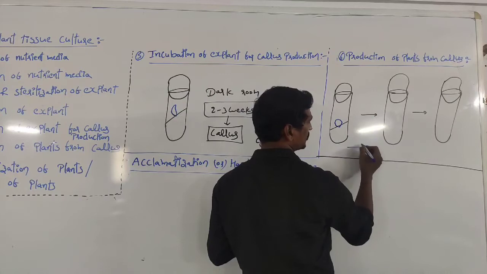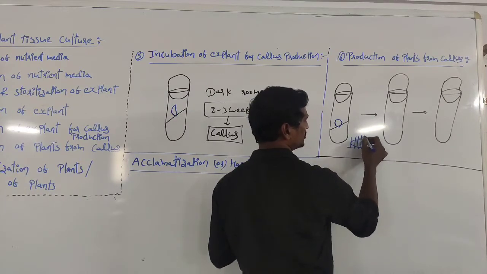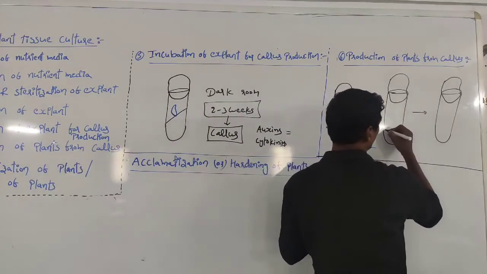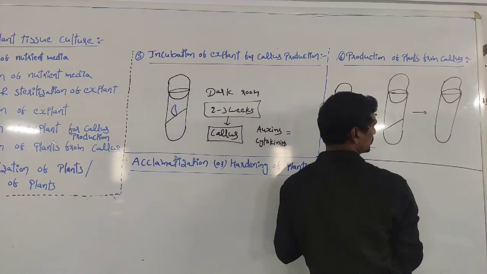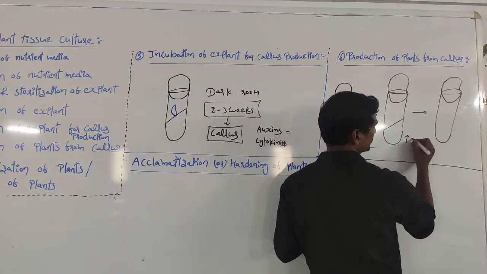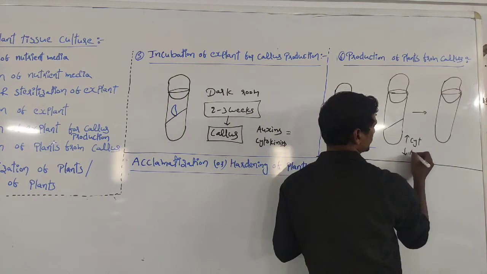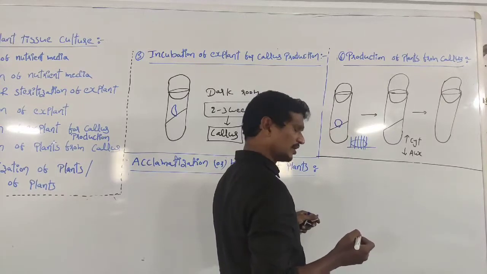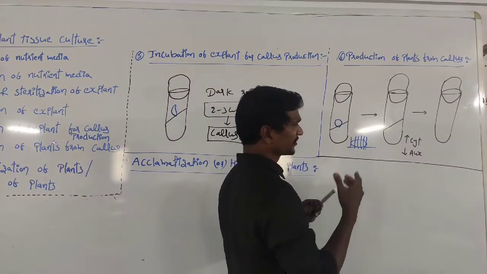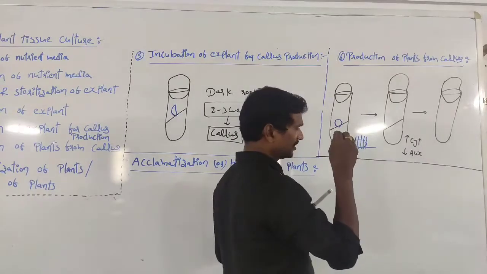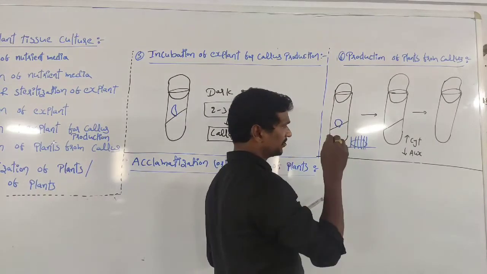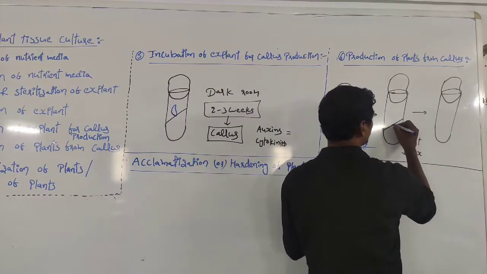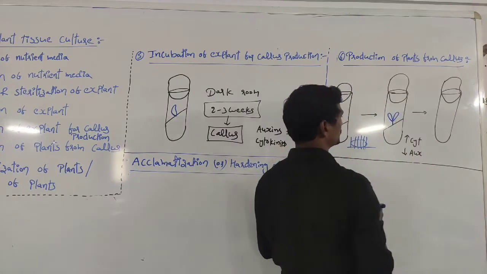The callus is taken out and chopped. After the chopping process, we prepared a nutrient media. Within this nutrient media, there is a high concentration of cytokinins and a low concentration of auxins. If we inoculate that callus part into this nutrient media, shoot production will take place.